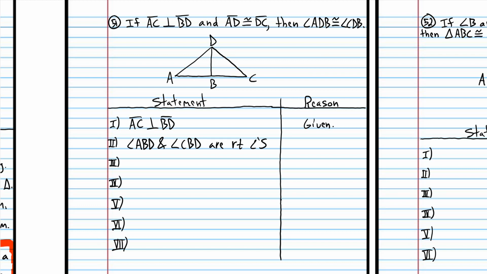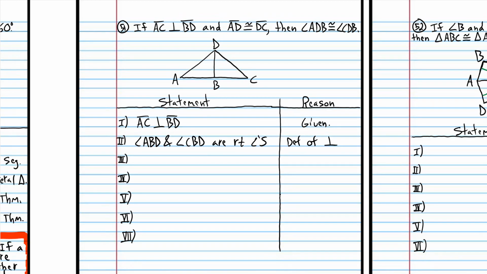So this angle here and this angle, they're right angles because, again, AC is perpendicular to BD. So again, the definition of perpendicular means that they form 90-degree angles. So that's the definition of perpendicular.